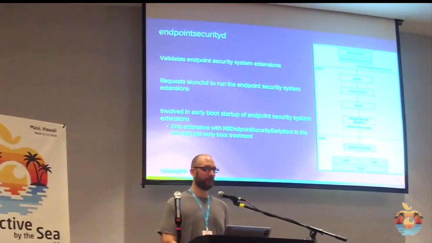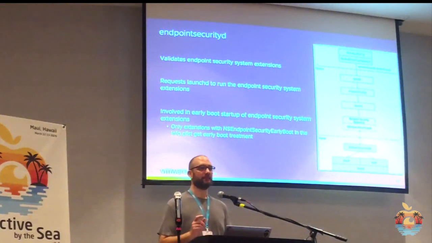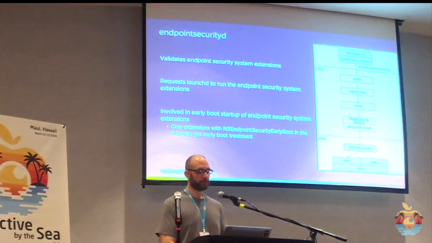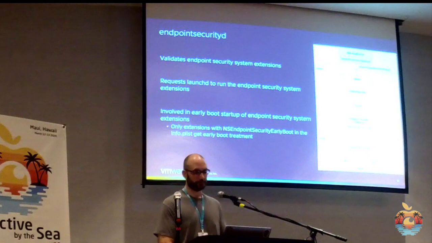In this case, EndpointSecurity is really there just to validate the endpoint security system extensions, as well as, since it itself has appropriate entitlements, communicate with launchd to then run your system extension as a root daemon on the system. And then it is involved in early boot startup of endpoint security system extensions. You can set a flag in your info plist and essentially say, my endpoint security extension is so important that I need it to load earlier on in the boot cycle.